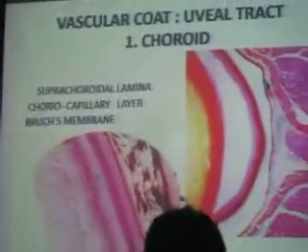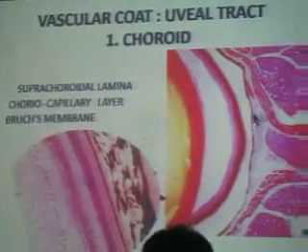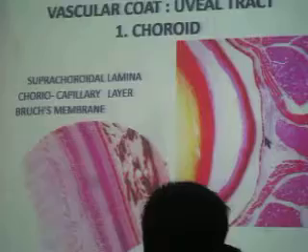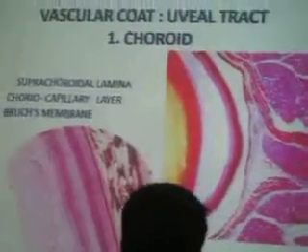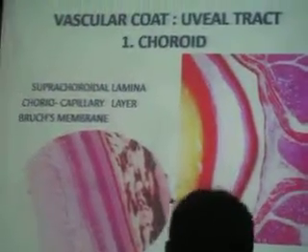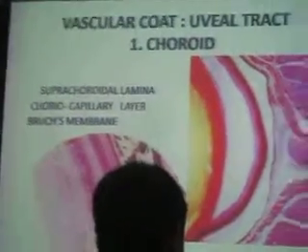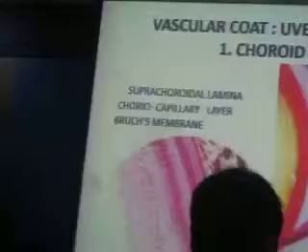So given on low power magnification, your choroid will have a lot of melanocytes, melanin pigments. Okay? Especially in the area of suprachoroidal layer or lamina. So it's very black. The suprachoroidal layer will have a lot of melanin pigments.